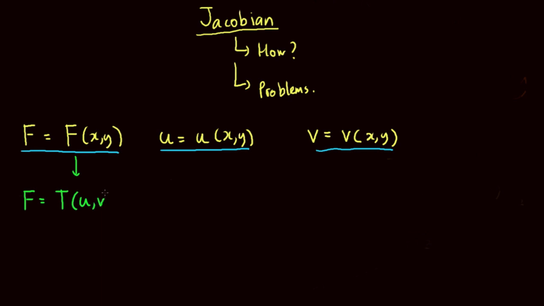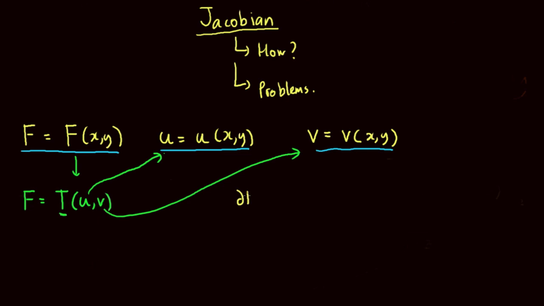This is just a way to express the function, considering that u and v are related to x and y. And this means that if we want to find the derivative with respect to x and y, we do it like this.